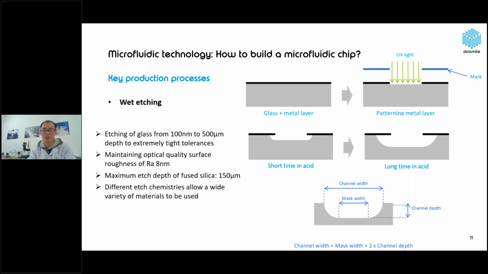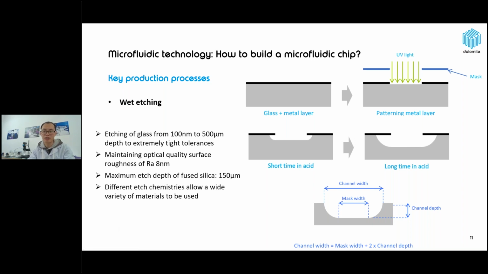To create channels, a thin metal layer pattern is first deposited on the glass surface, as you can see from the right photograph. A photolithography process is then used to create the pattern, and the next step is that hydrofluoric acid is used to etch the exposed glass areas.